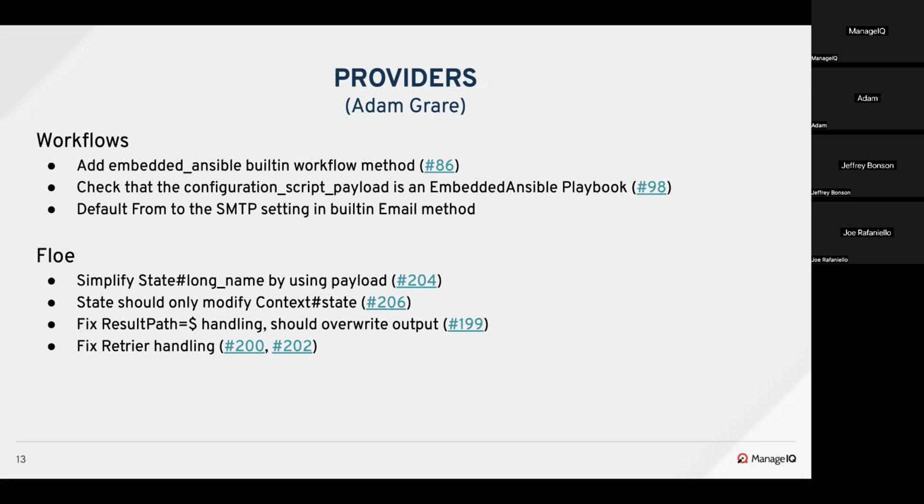And we're also defaulting the from value for the built-in email method to whatever is set in the SMTP settings for the application. And for flow, Keenan simplified the state long name to use the payload as opposed to the class name. We also changed the state to only modify context under the state key.